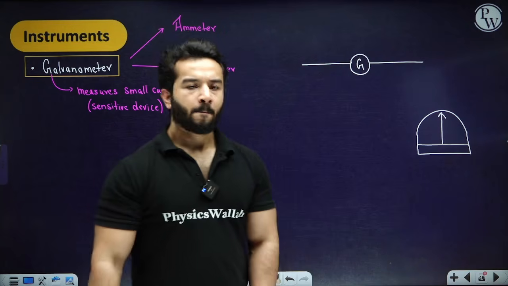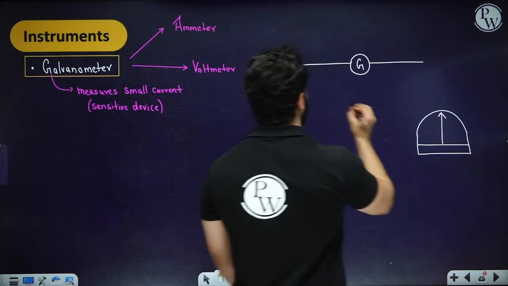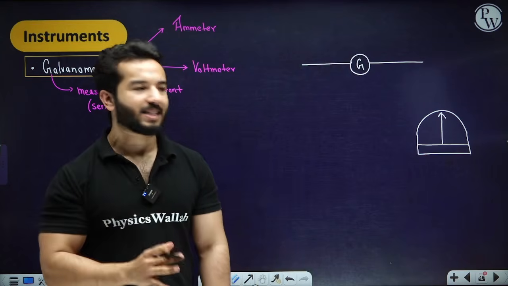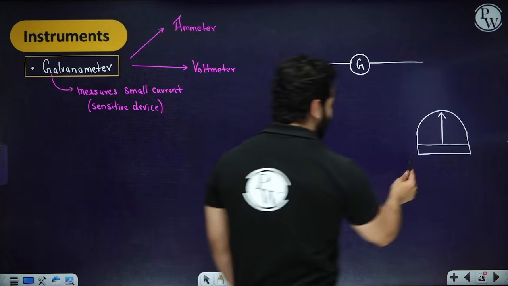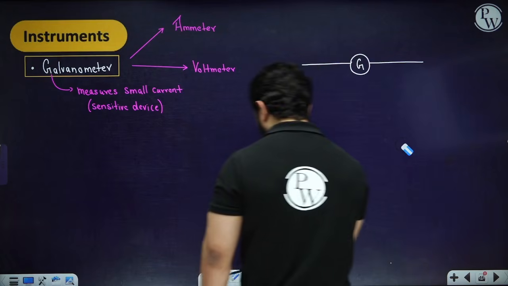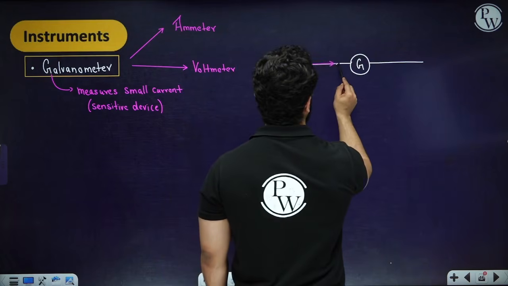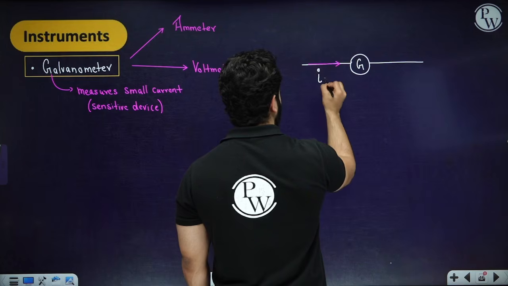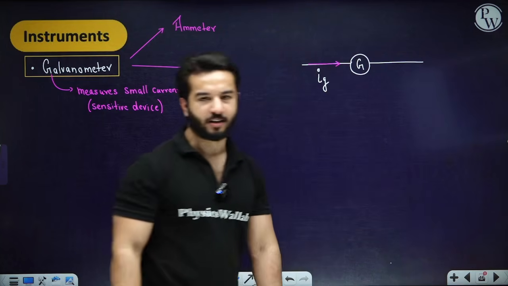Now, something that is known as full scale deflection. Full scale deflection means the maximum amount of current a device can measure. Always remember, because the galvanometer is a very sensitive device, we must always save our galvanometer. This is called Ig, the full scale deflection current.